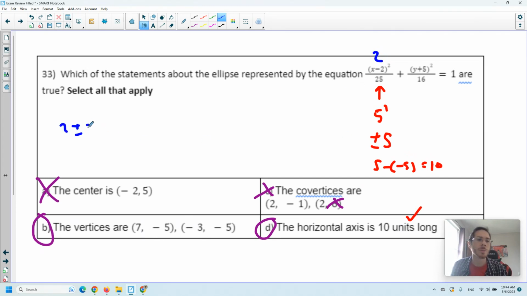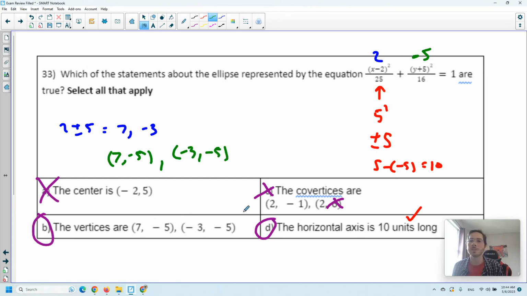So 2 plus or minus 5 is going to be either 7 or 2 minus 5 is -3. So 7 if I add them, -3 if I subtract them. And the y-coordinate here should be -5 because, again, we're doing the opposite here. So my answers are 7, -5 and -3, -5, which are exactly these two answers.